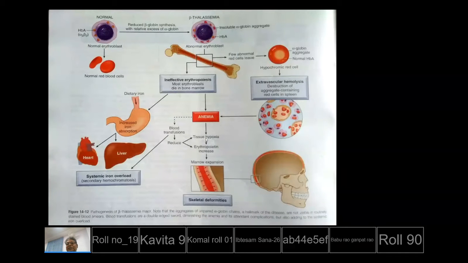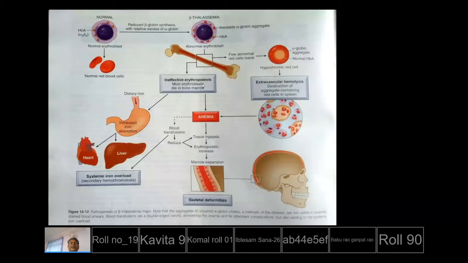Due to tissue hypoxia, erythropoietin increases, and that gives rise to marrow expansion. Due to increased demand of RBC, there is more production from the marrow, so the marrow is expanded. So there is skeletal deformity. That gives rise to the hair-on-end appearance on the skull X-ray.